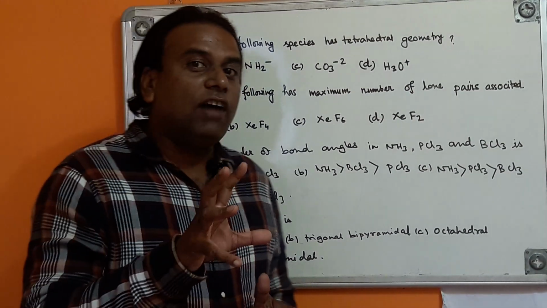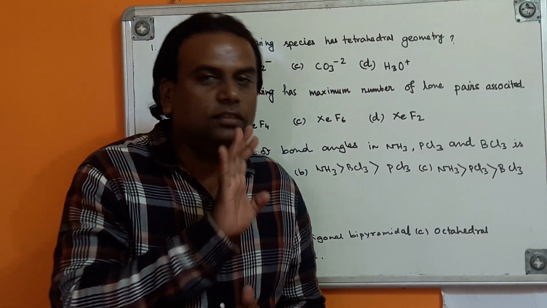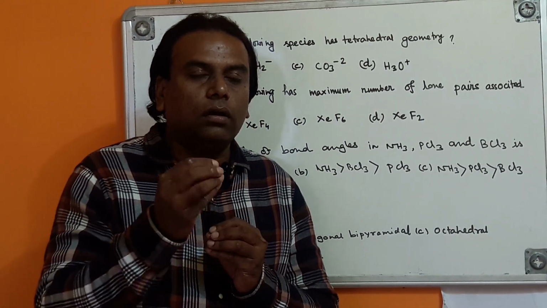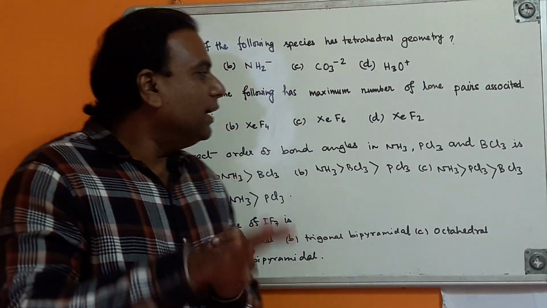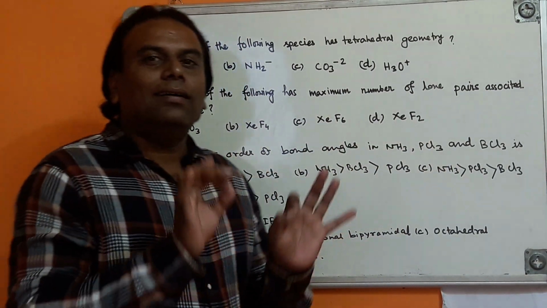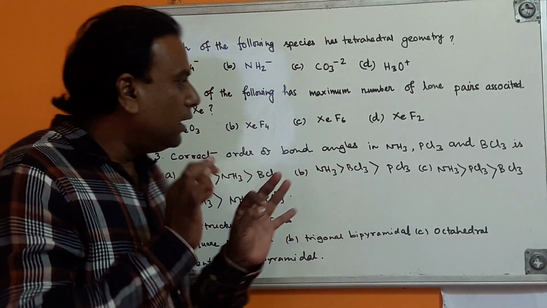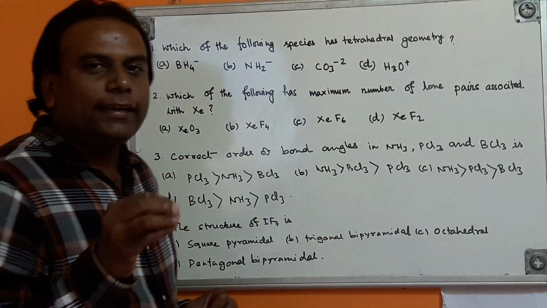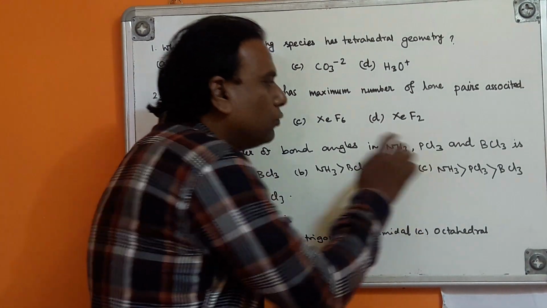That means they have 5 plus 3, that is 8 valence electrons in the valence shell, which produce 4 pairs. That means nitrogen and phosphorus are both sp3 hybridized, which creates a bond angle of nearly 109.5 degrees in these 2 compounds.